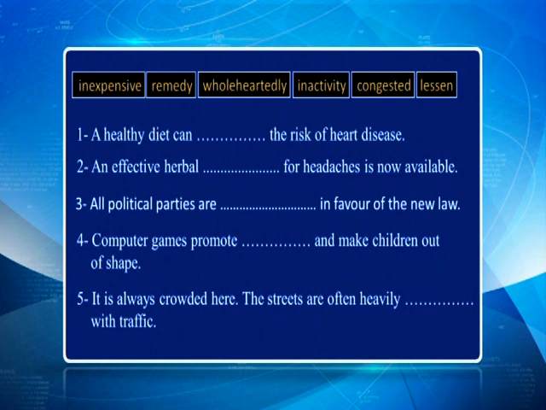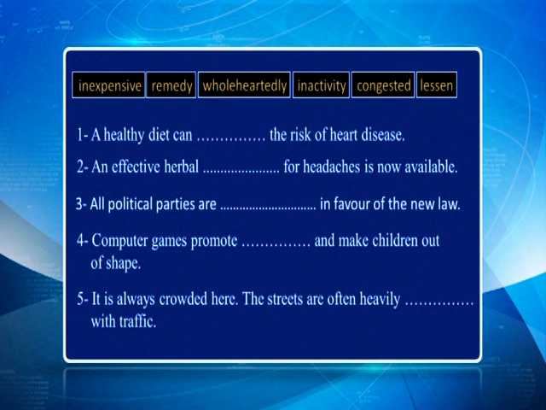If you look at the words, you have inexpensive, which is an adjective, remedy, which is a noun, wholeheartedly, an adverb, inactivity, a noun, congested, an adjective, lessen, a verb. So when you need a verb, you will go and choose from the verbs. If you need a noun, you choose the noun.